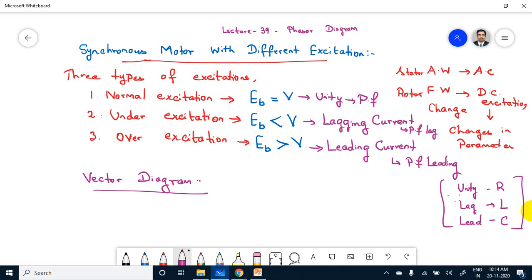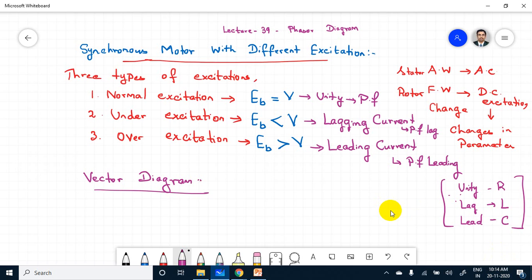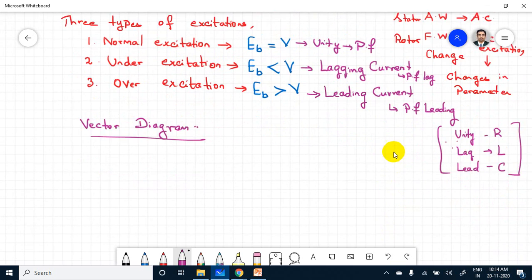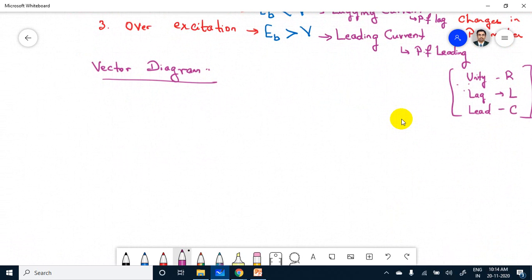The first diagram will be when EB equals V.